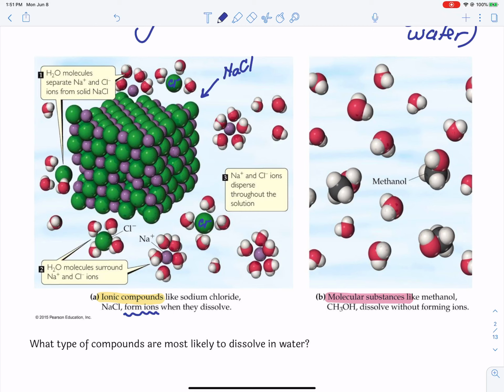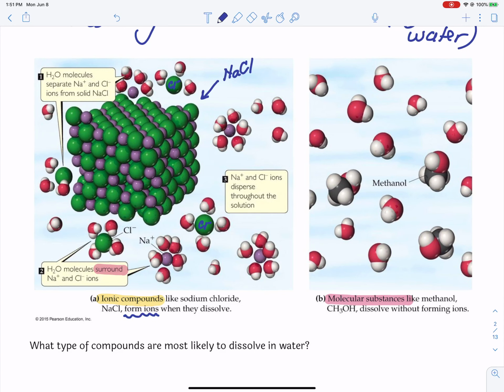Look at how the water molecules surround sodium and chlorine, but they don't just surround it in any orientation. In water, I'll draw it over here, the red side is the oxygen side, the delta negative side, and the white side is the hydrogen side, the delta positive.